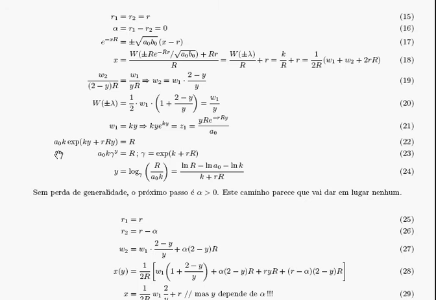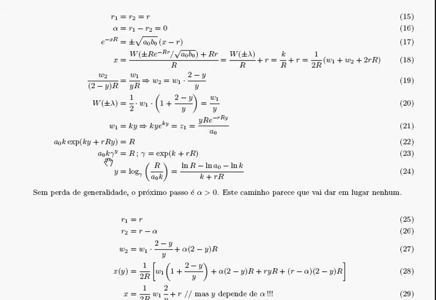Now a0 multiplied by key exponential of key y, exponential of ry equals to r. Where is y? Let me see. Y one side, y the other side cancel.